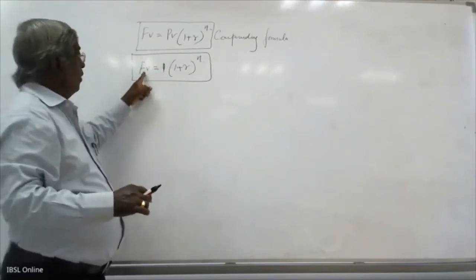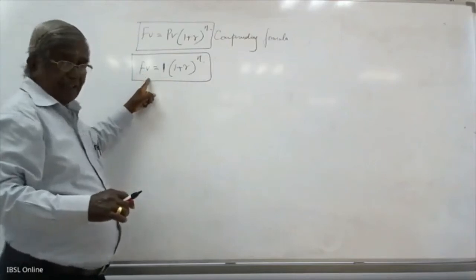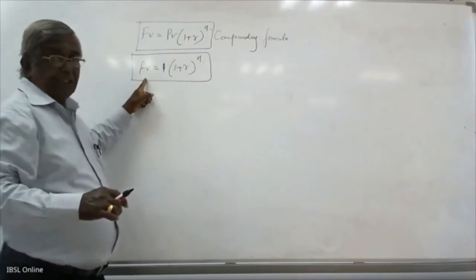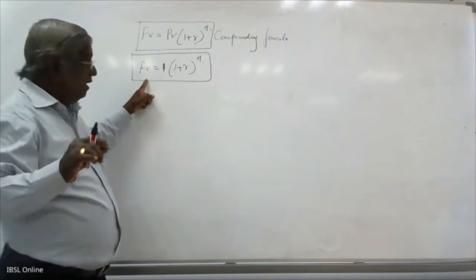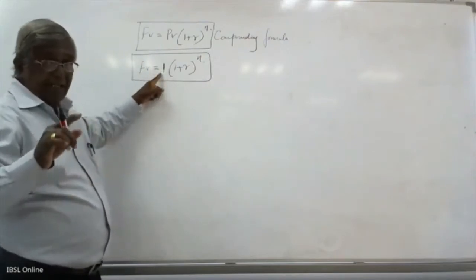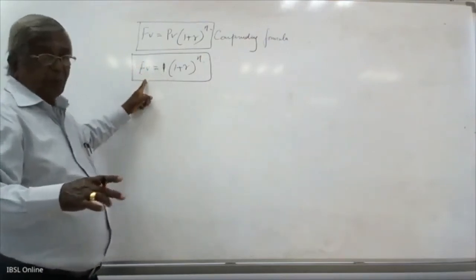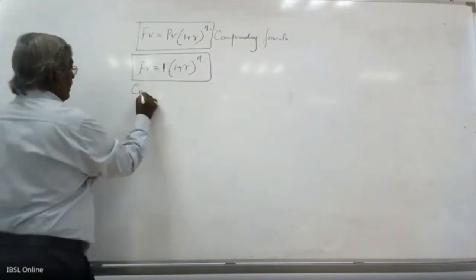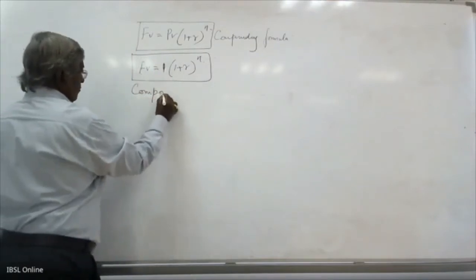There's a special name for this future value: when the PV is 1, the FV is called the compounding factor.